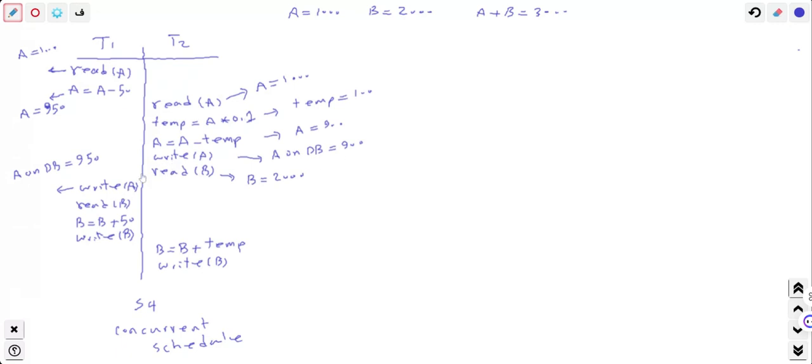So these two transactions corrupt the effect of each other and interfere, and because of that, we see at the end of this schedule that consistency does not hold. Let me continue.